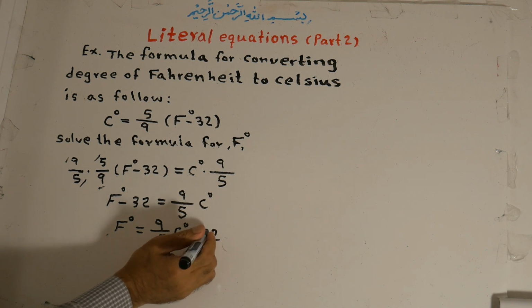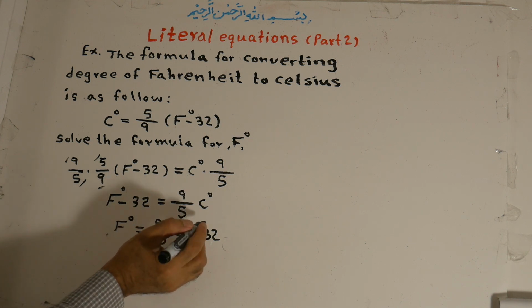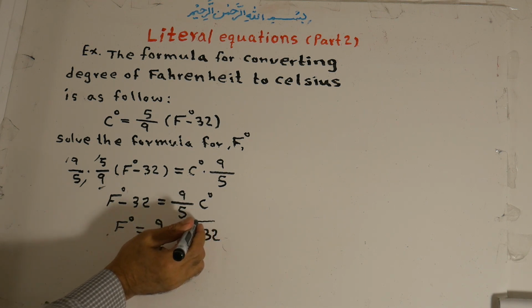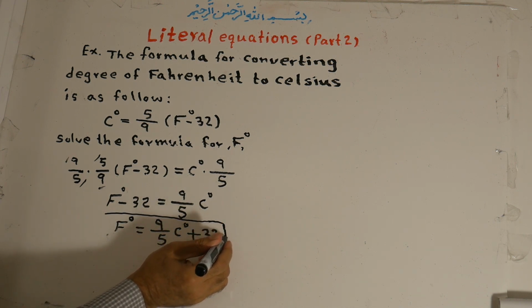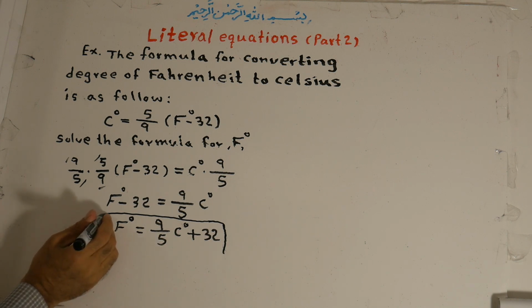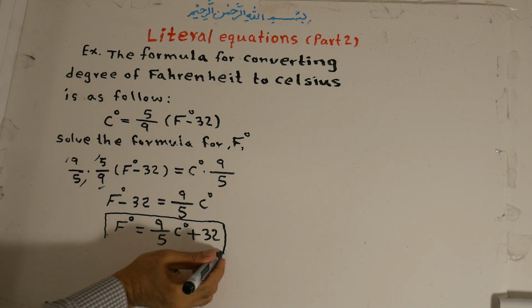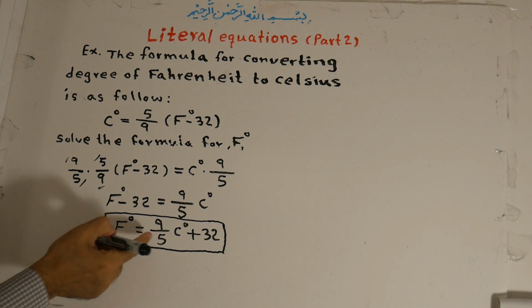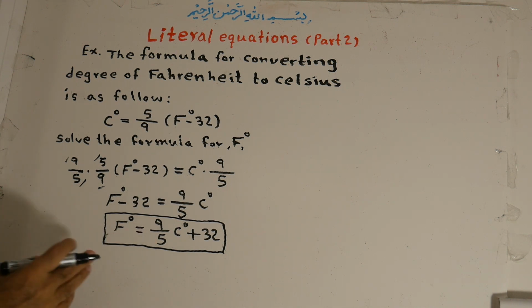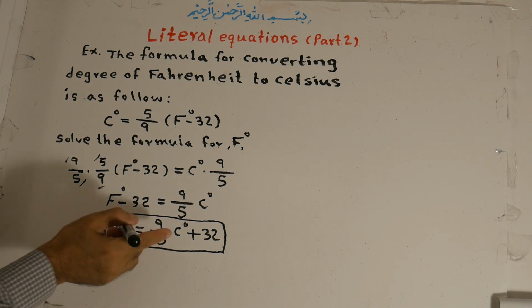It means that degree of centigrade is equal to 5/9 times degree of Fahrenheit minus 32, and degree of Fahrenheit is equal to 9/5 C, degree of centigrade, and the result plus 32. Now if you have degree of Fahrenheit, we find degree of centigrade by using this formula. If you have degree of centigrade or degree of Celsius, we can find the degree of Fahrenheit by using this formula.